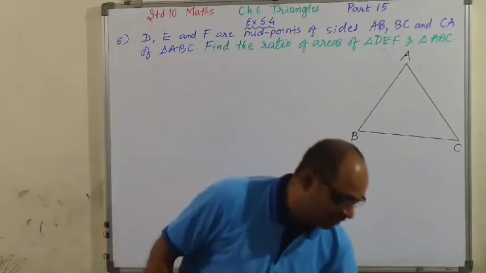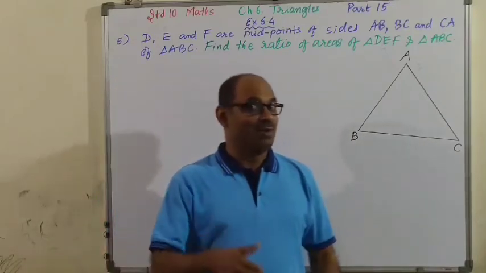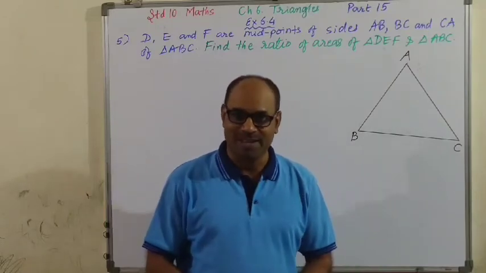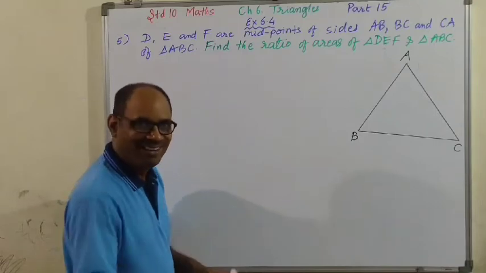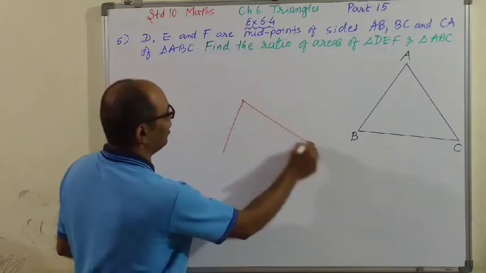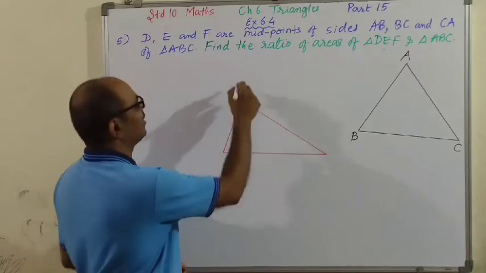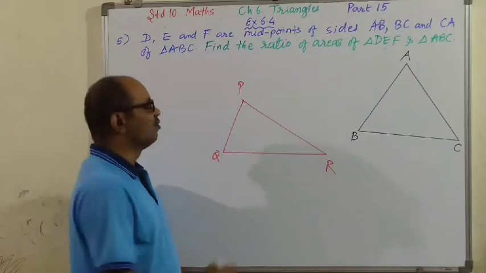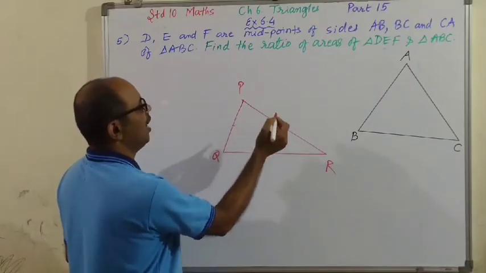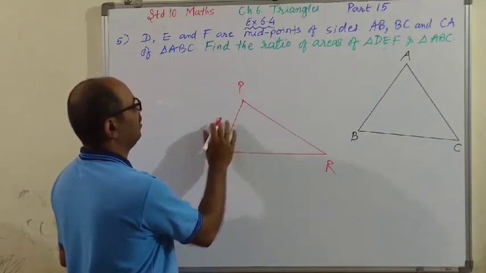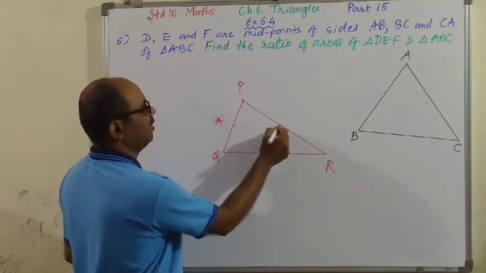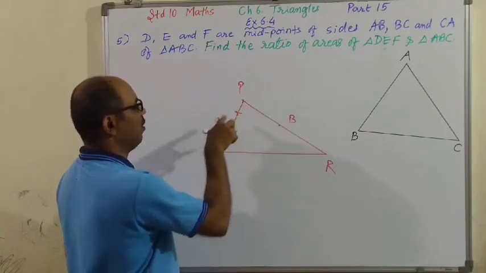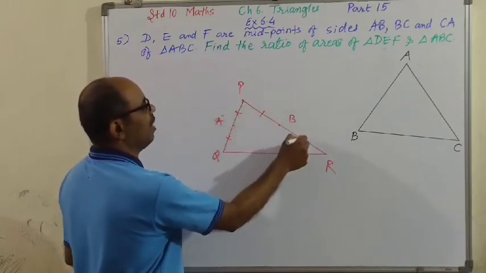But before we read the statement, we will have to recall the midpoint theorem of standard 9. Now what is the midpoint theorem? Can you recall? Here is one triangle, let's say PQR. Choose any two sides. PQ and take its midpoint, let's say this is A. Another side, PA equal to QA, PB equal to RB.